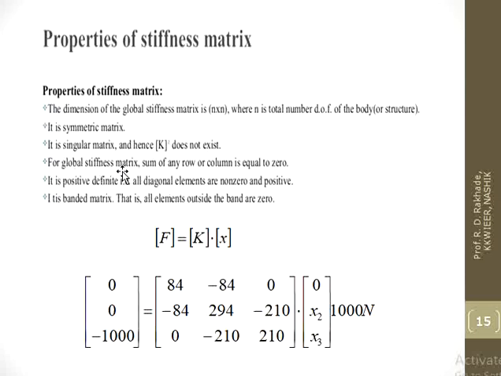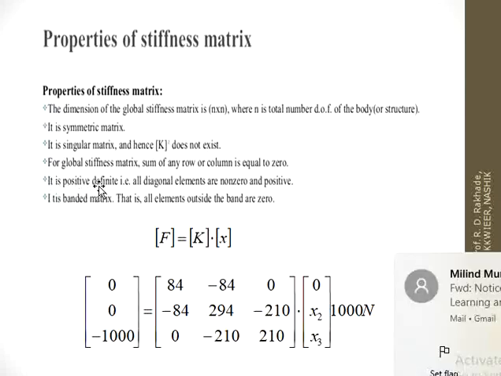In the global stiffness matrix, the sum of any row or column is equal to 0. You can check: 84 minus 84 equal to 0. In the first row, the summation is equal to 0. Means if you sum all elements in a row, or sum all elements in a column, the value should be 0.